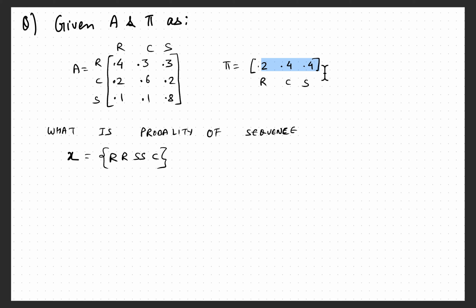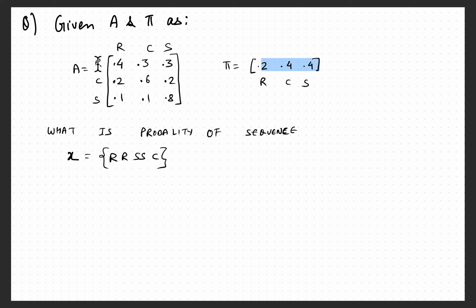This is on the basis of the fact that there are capital K equal to 3 states. The first column represents the probability that the first observation, at t equal to 1, once you start observing, will be a rainy day. The second column tells the first observation on day t equal to 1 would be a cloudy day, and the third one tells us it would be a sunny day.